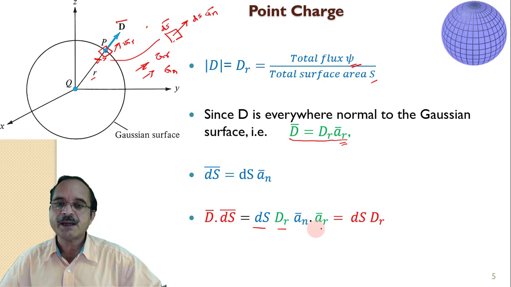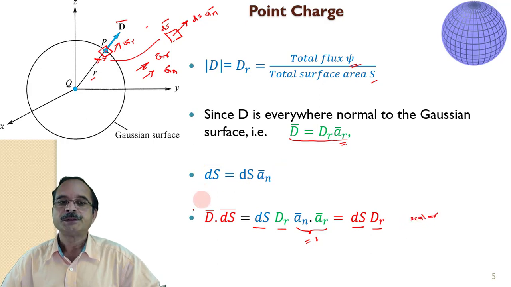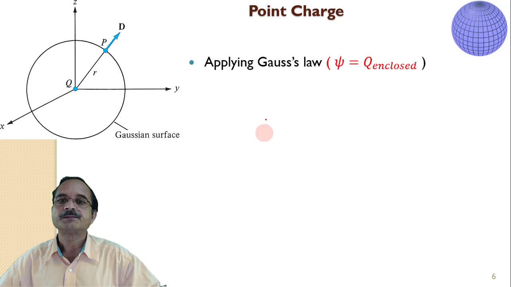Now since an and ar are in the same direction, this is equal to 1. So this gives me the dot product D dot ds as dr times ds, a scalar quantity, only magnitude.